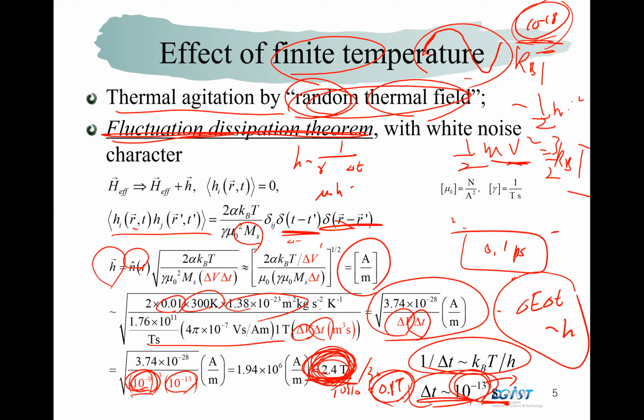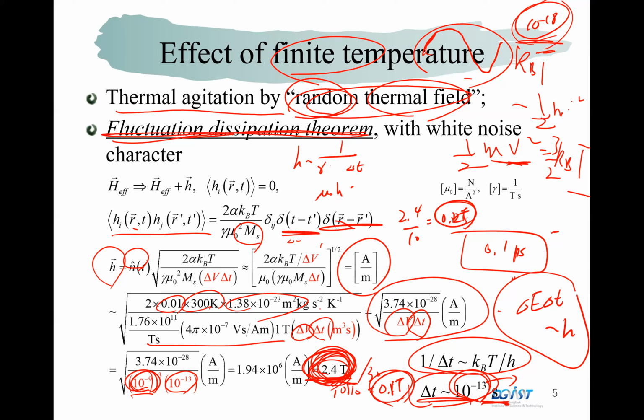But what happens if you play with thin films, 10 by 10 by 1 nanometer? Then it's just divided by 10, so 0.2 Tesla or something. So it's really marginal. If you make such an MRAM with such anisotropy energy, then the retention time is very limited.